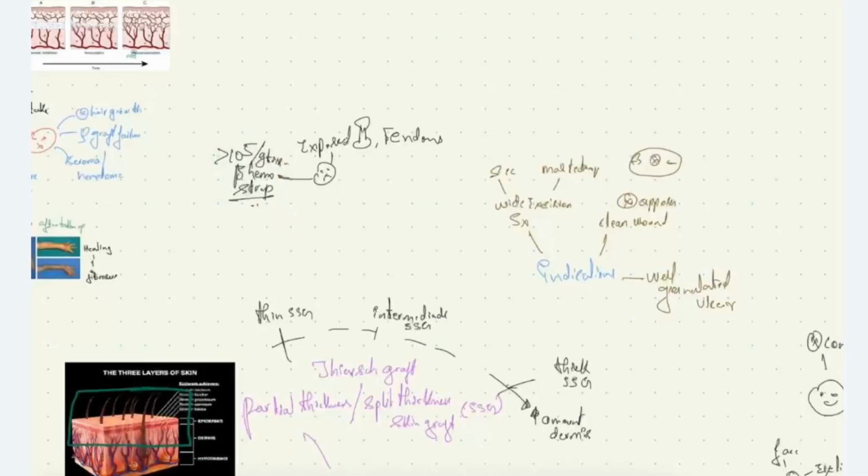So we don't perform split skin grafting if the bone and tendons are exposed and if beta hemolytic streptococci is more than 10 to the power of 5 per gram of tissue.